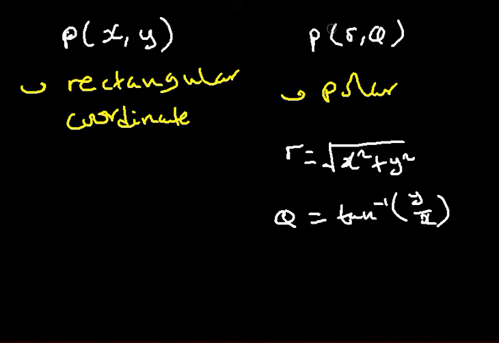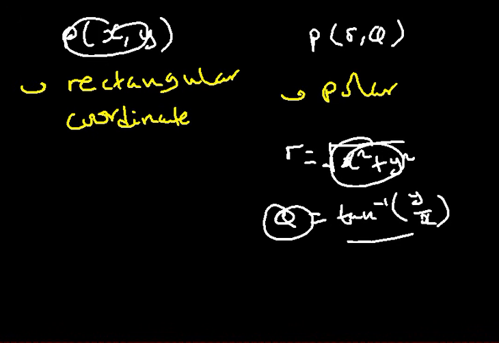So this is how the point P is expressed in the polar coordinate system, where r is given as this and theta is given as this. And for the rectangular coordinate system, the x value is given as r cos theta, and the y value is given as r sin theta.